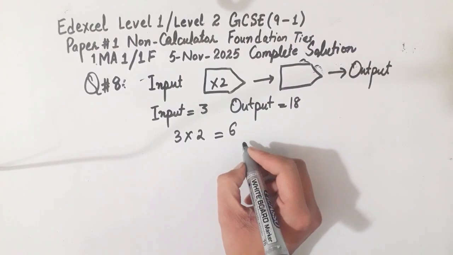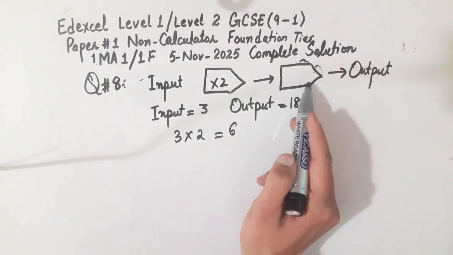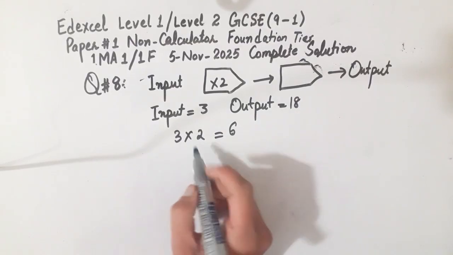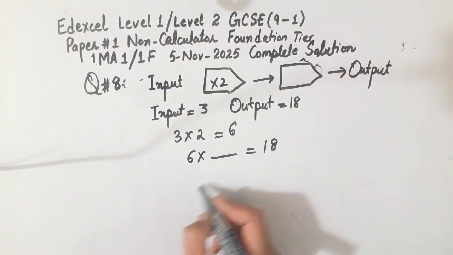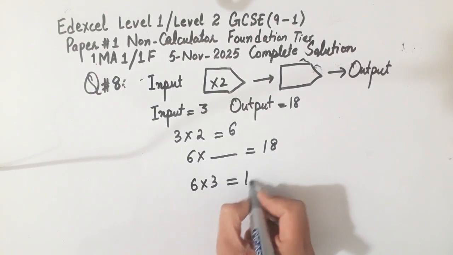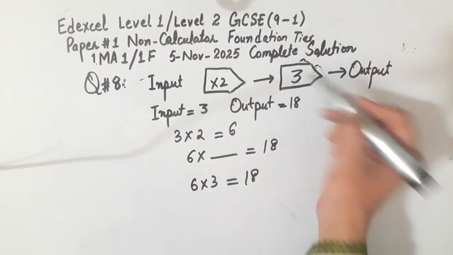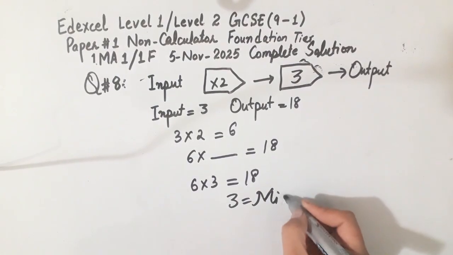And now your answer is 18. So 6 is multiplied by what number to get 18? Which shows that when 6 is multiplied by 3 we get 18. So the missing number is 3.